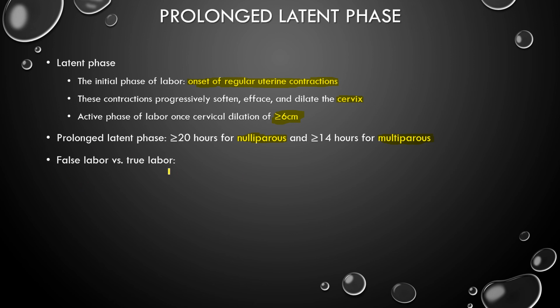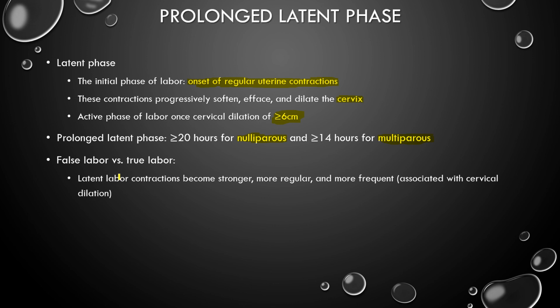False labor versus true labor. What's the difference? What are the definitions of these? A true labor contraction means you will have labor contractions that are regular, strong, and more frequent as you keep going. So they become stronger, more regular, and more frequent. And the key thing is they're associated with cervical change and cervical dilation.